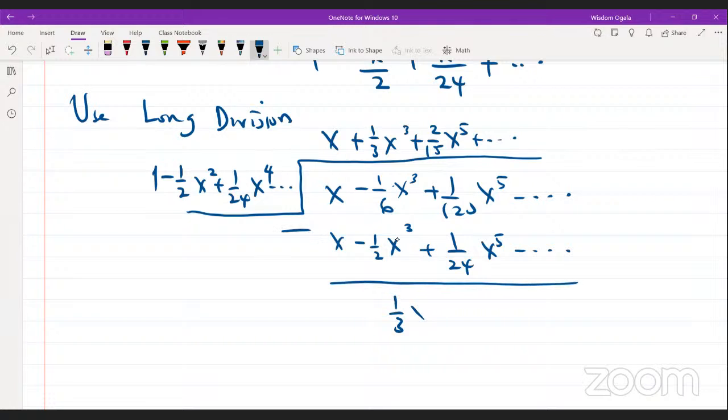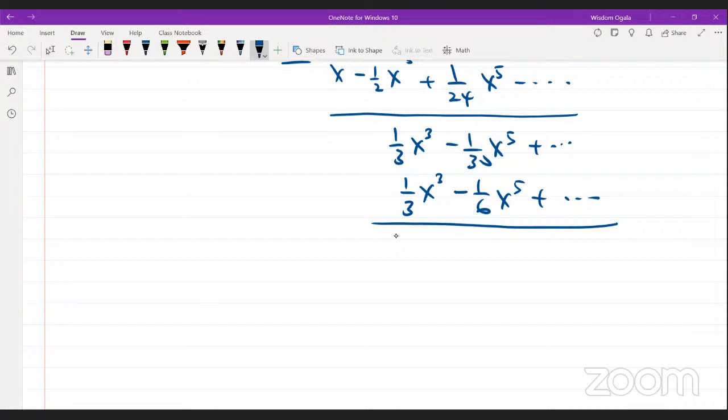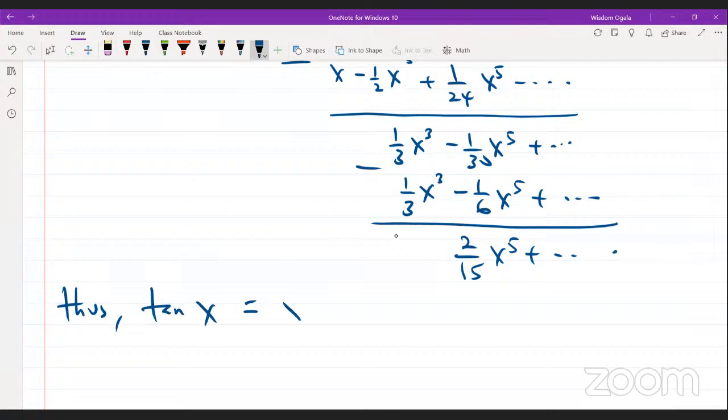I'm left with this. I'm just going to tell you what they are really going to be. I want to get rid of these, they are the same. So this is 2 over 15 x to the 5th. I will keep doing that, but it's endless, so I better stop somewhere.